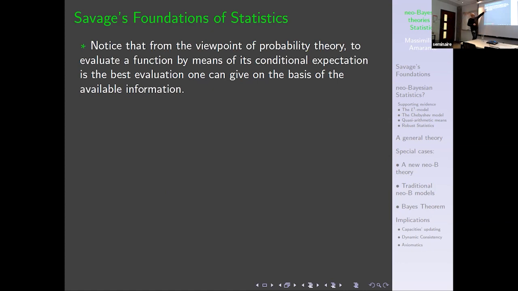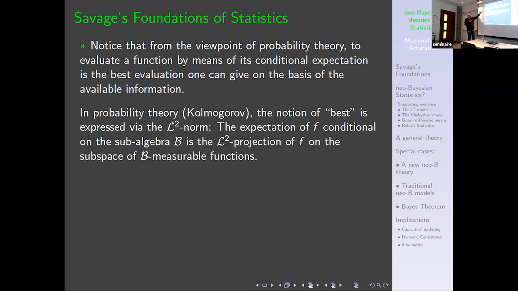Observation. Notice that from the viewpoint of probability theory, to evaluate a function by means of the conditional expectation is the best evaluation we can give on the basis of the information. Of course, this means something only when you have specified the notion of best that you're using, and this is the model of construction. In probability theory, the notion of best is the one expressed via the L2 norm.